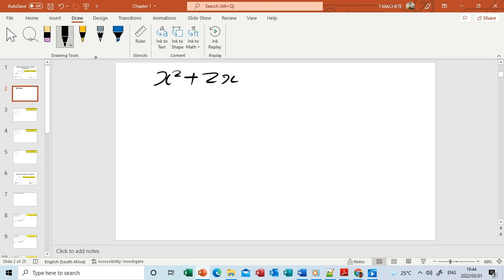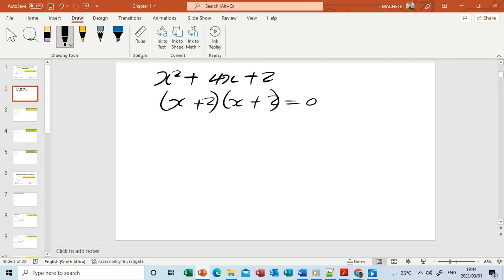I want something that can give you factors. You guys know how to find factors. So it's 2 and 2. So the factors of this will be x plus 2 and 2. These are your factors.